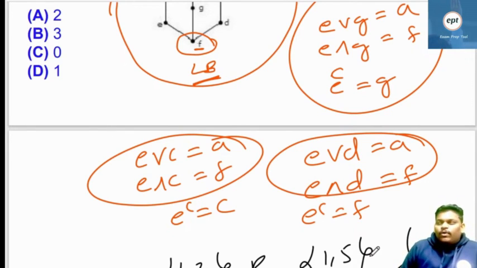For two elements, if the LUB is the upper bound and the GLB is the lower bound, then I can say those two are complements of each other.